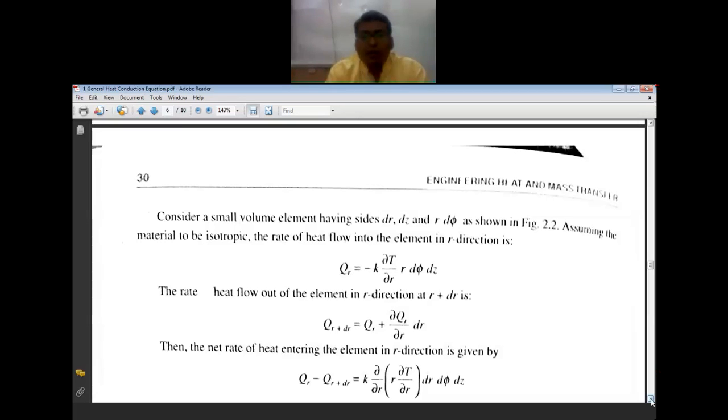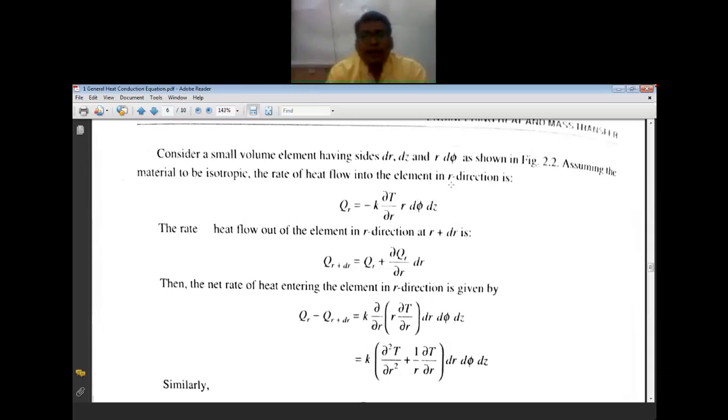So I can write the equation in r, phi and z, that is qr, which is equal to minus k dT upon dr into r d phi into dz. So net heat entering into the system is what? qr minus q(r plus dr).